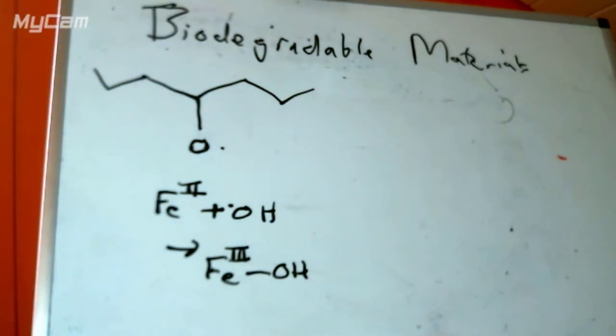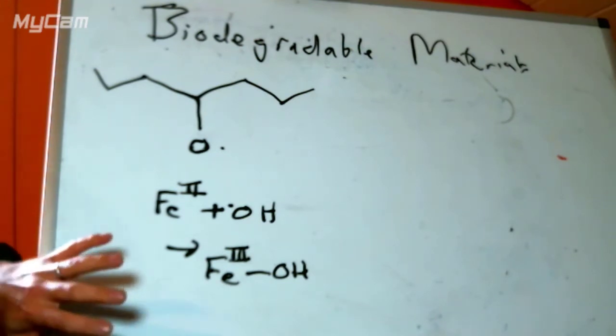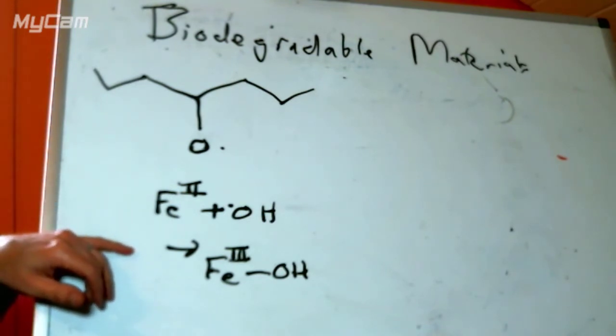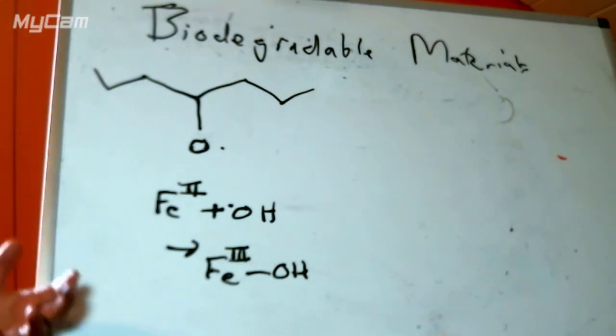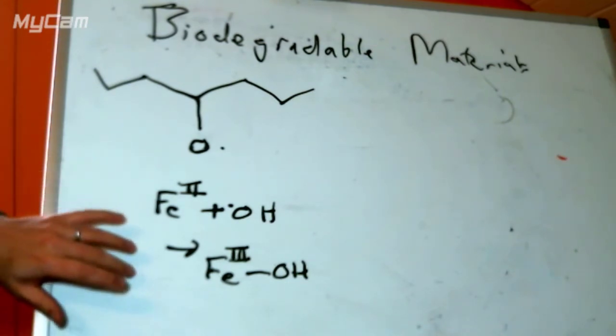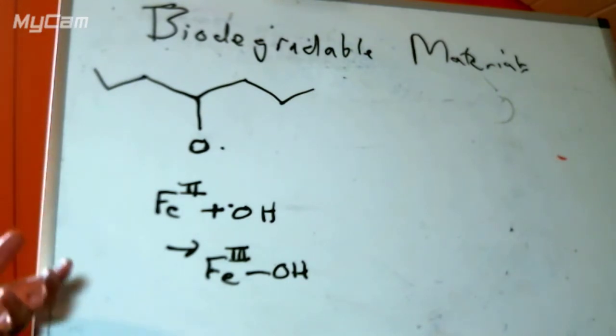So why is this a problem inside the body? Well, our body contains iron, and it contains hemoglobin. I'm just waving my hand around because I'm imagining you can see my blood through there. It contains hemoglobin that switches from the iron 2 state to the iron 3 state. So we already have an active biological system that uses transfer from iron 2 to iron 3 in order to transport oxygen in its case.